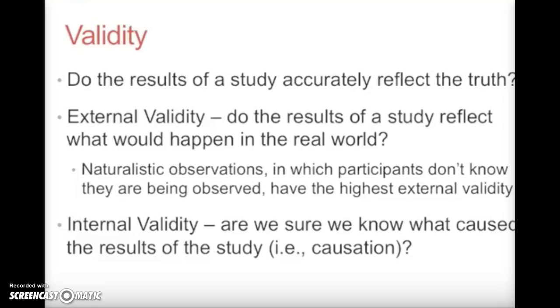And in the book, you notice they quote Campbell and Stanley on page 292, and they define two general categories of research designs. And that is where they give four types of validity: internal validity, external validity, construct validity, and statistical conclusion validity. So what do each of these mean?